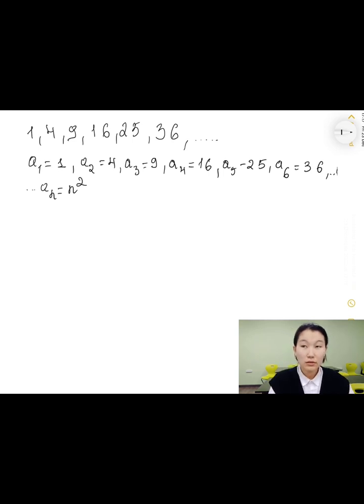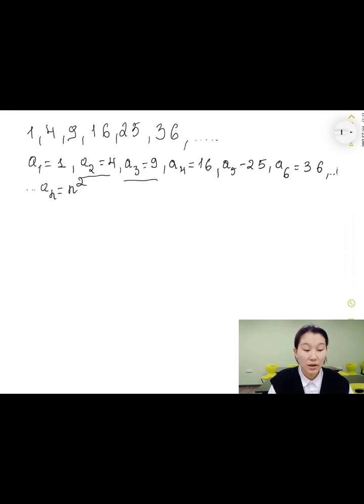Here a1 is the first term, a2 is the second term, a3 is the third term, and an is the nth term or the general term.